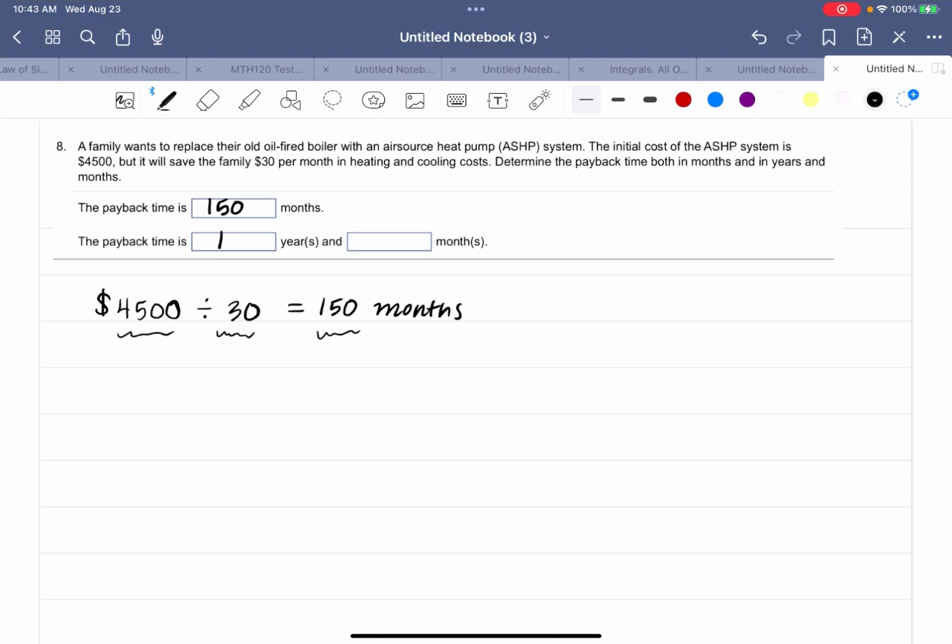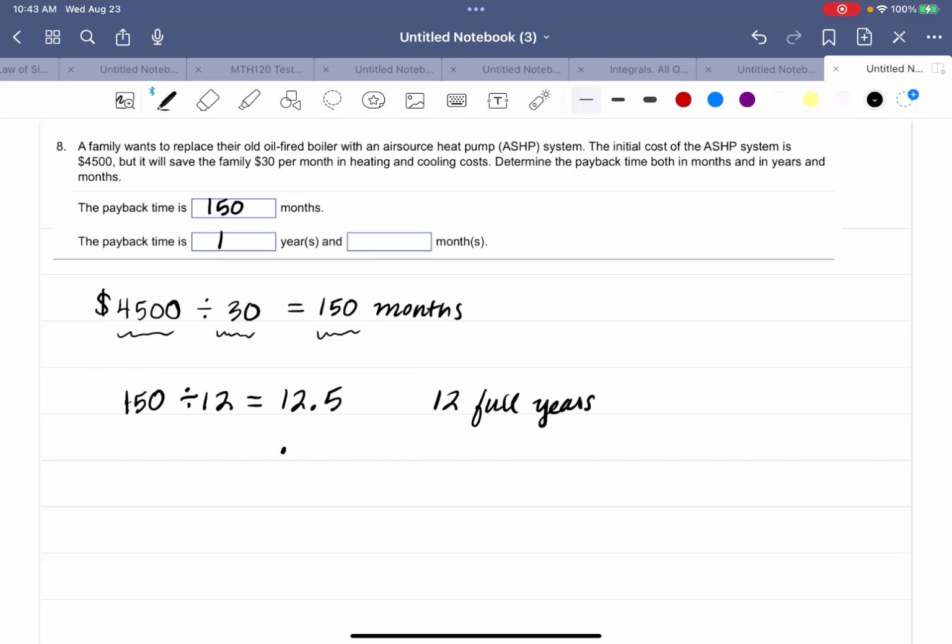So now we're going to have to take our 150 months, divide that by 12 to get the number of years, which turns out to be 12.5. So it's 12 full years, okay?